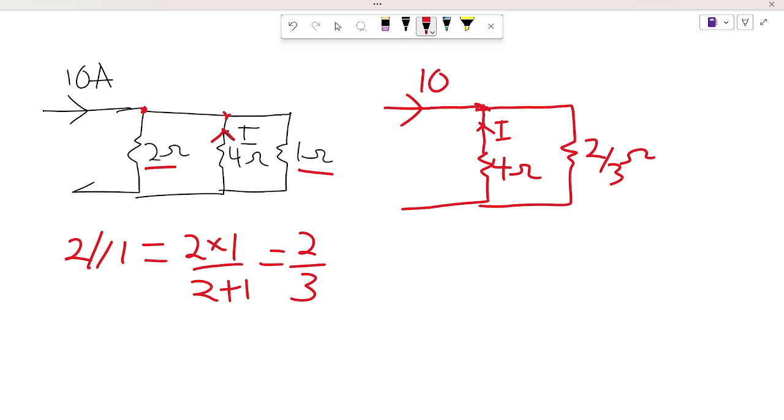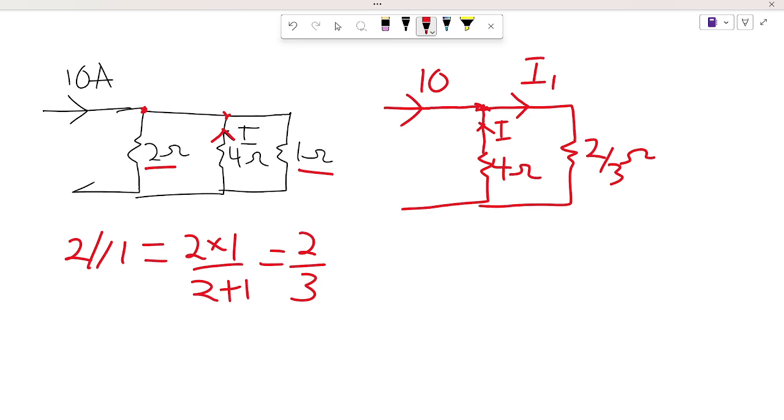Okay, so let's say if we label the current flowing in, it's going to move in that direction. And let's say if we label it as I1, so we can write the formula there.